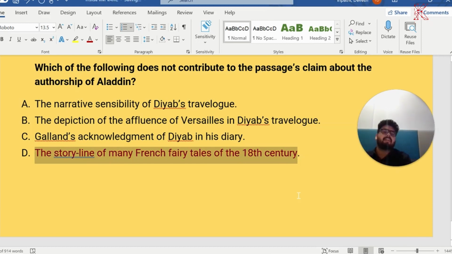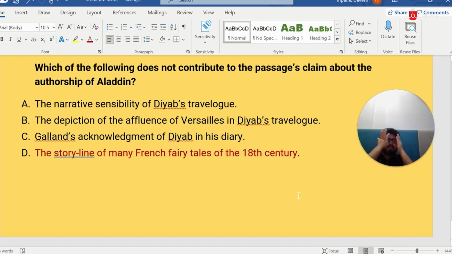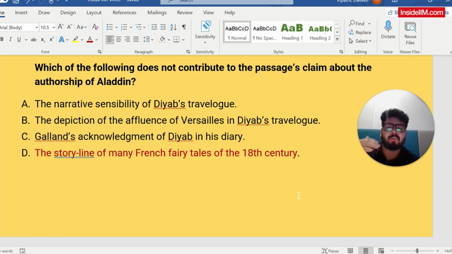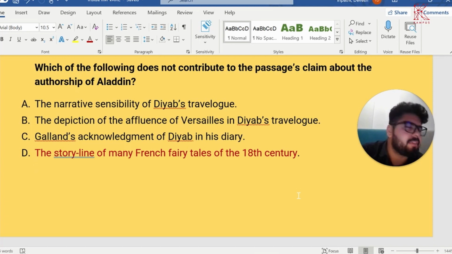The whole idea is that once you're solving the RC, be very comfortable, read the question very carefully, read the options even more carefully. Try to go through each option with a clear mind. Don't have a prejudice that A is the option which I like the most and A is already fixated in my mind while I'm reading other options. If you go with this idea, then definitely you'll get it wrong.